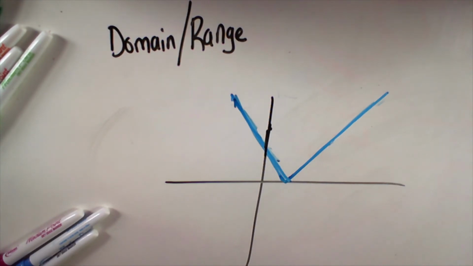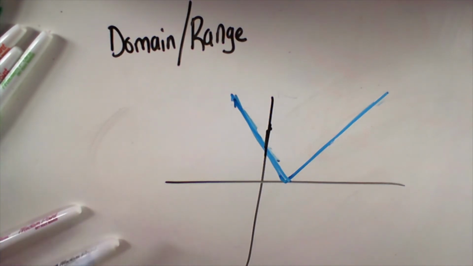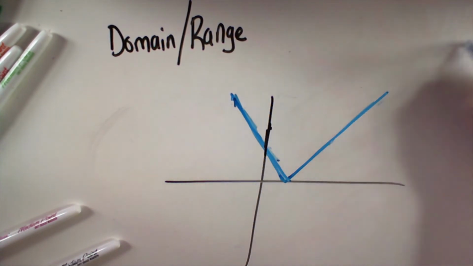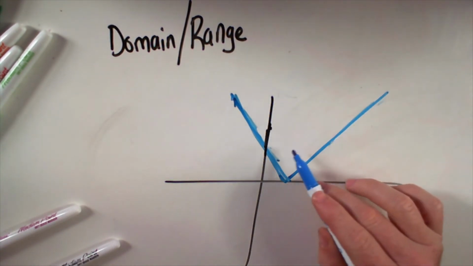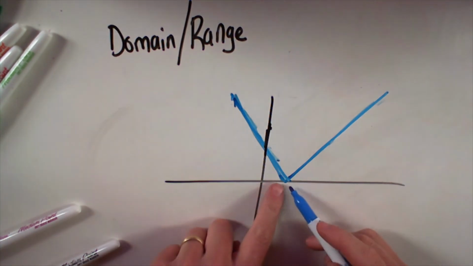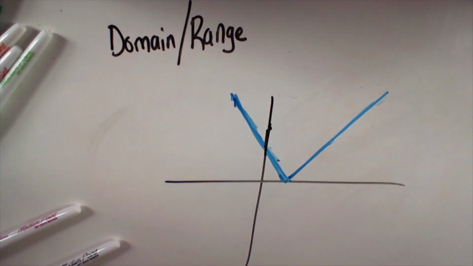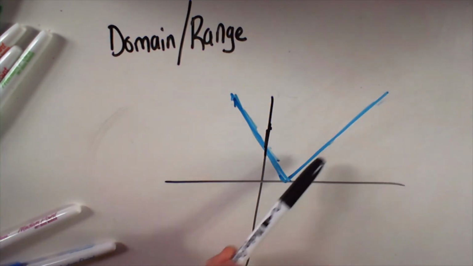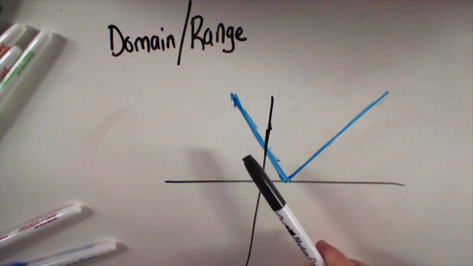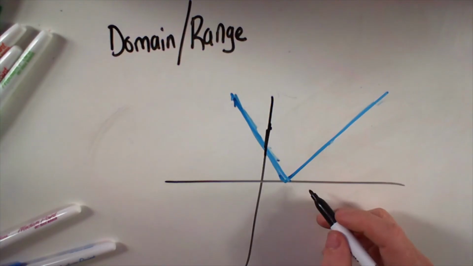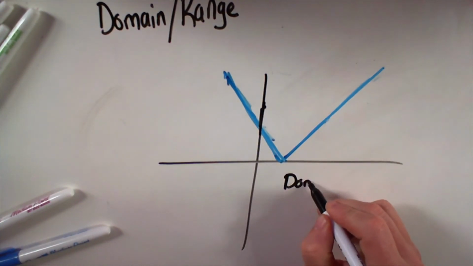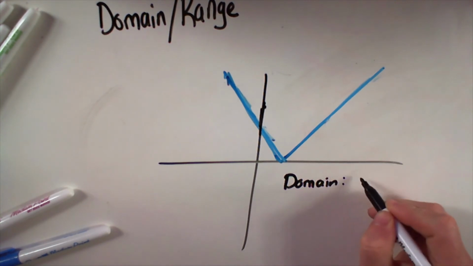So in this case, as we're looking at this, again, we assume that this is going to follow that same pattern up, but it stops right here at that 0. So as far as left and right movement goes, if I continue to go on forever that way and forever that way, my domain will be all real numbers.